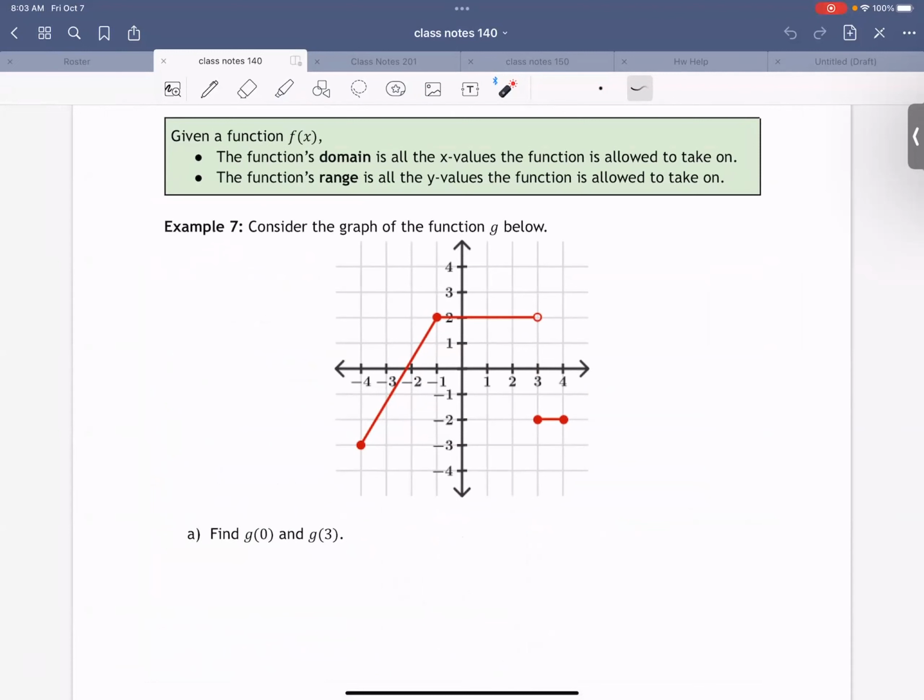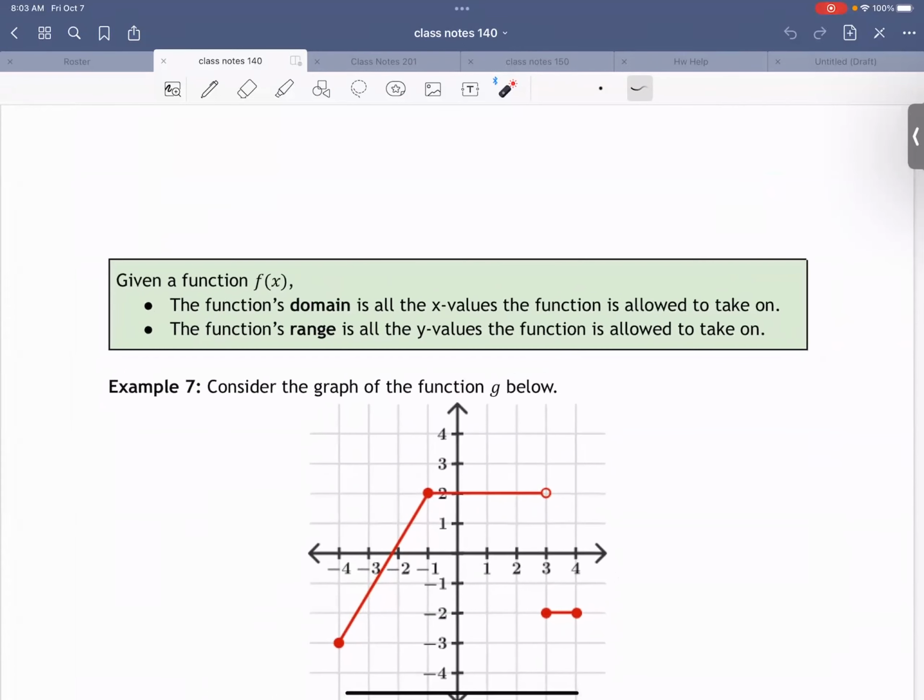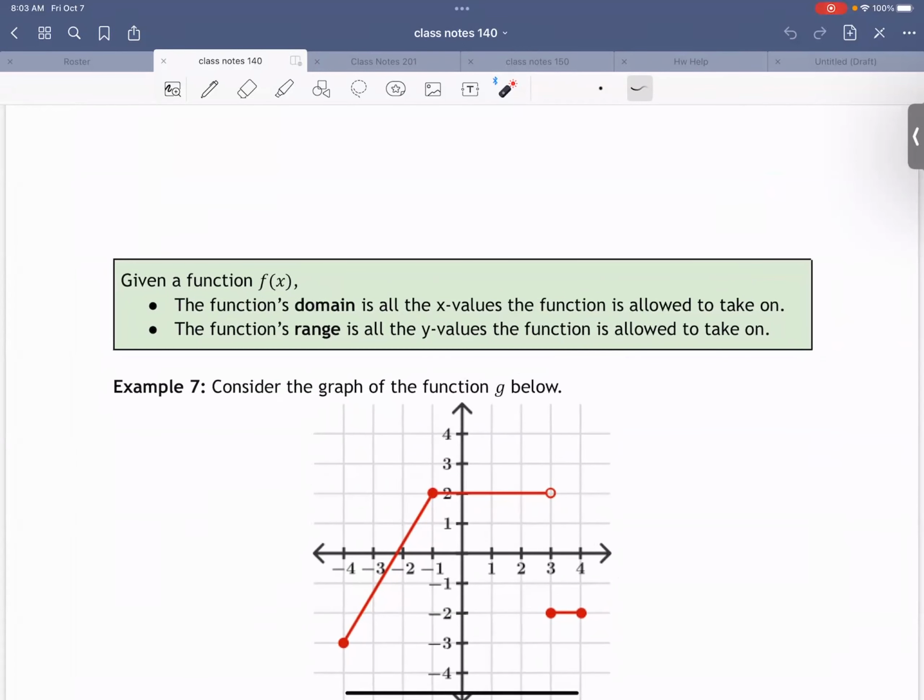Okay. I know this is kind of scary. I think domain and range scares some people off. And I promise you it's not that hard once you understand the things to look out for. So let's go over things. I'm sure we've heard these words before, but whenever we talk about a function's domain, we're thinking about all the inputs we can put into the function.